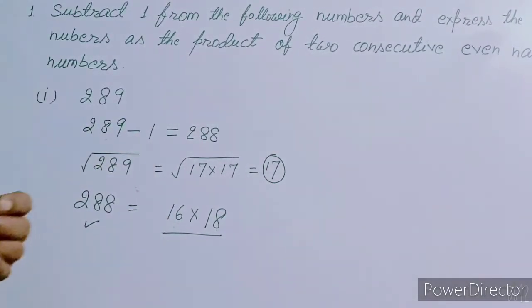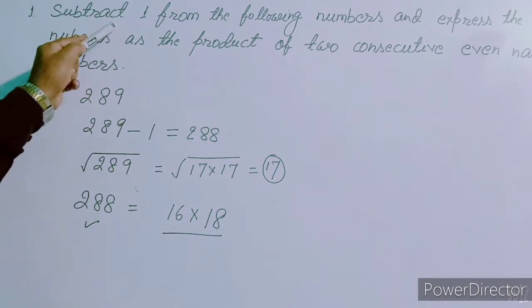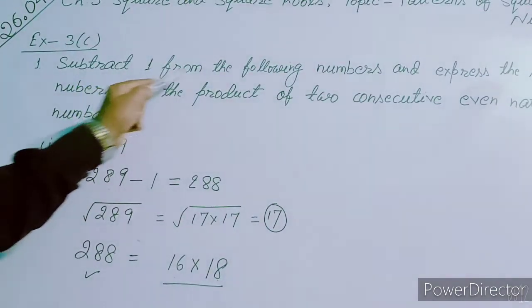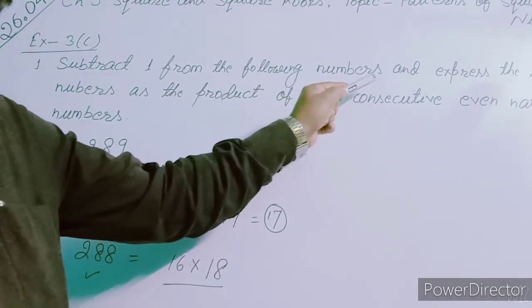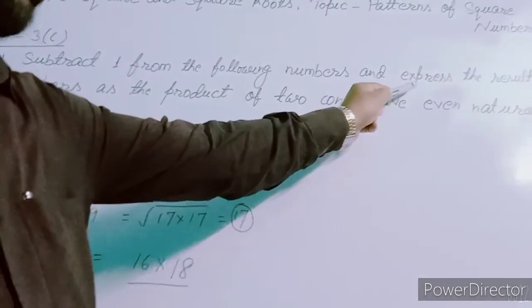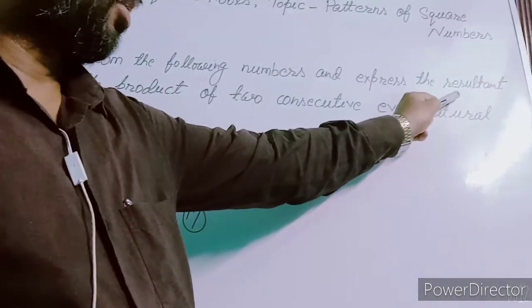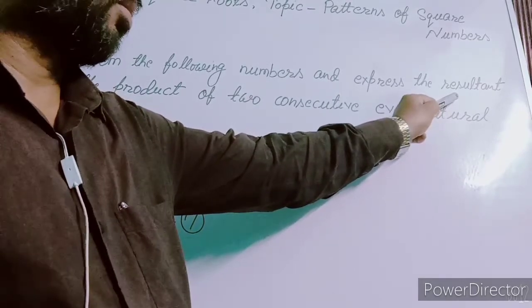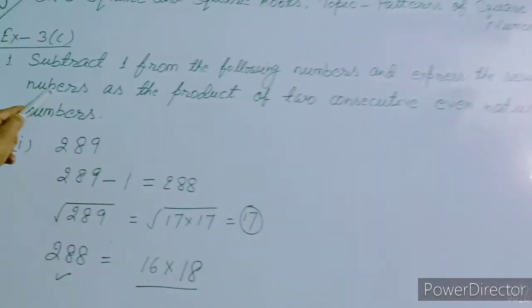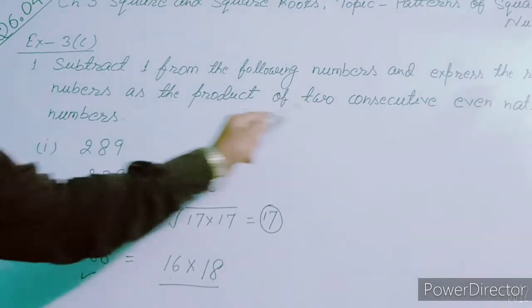I repeat this process. See the question: subtract 1 from the following numbers and express the resultant numbers as the product of two consecutive even natural numbers.